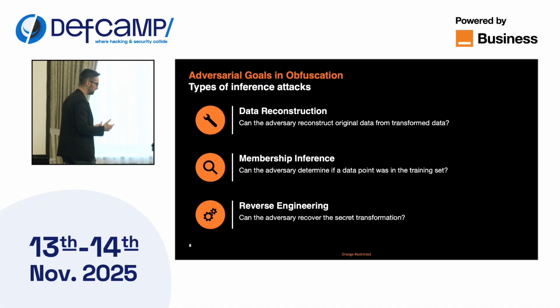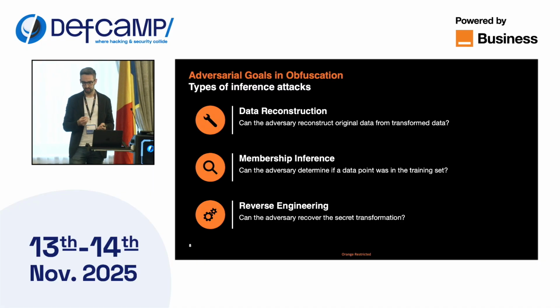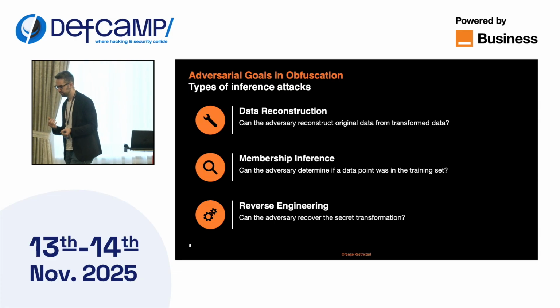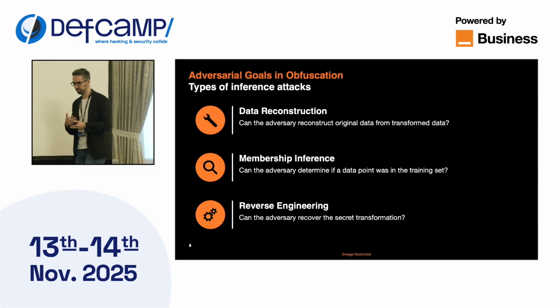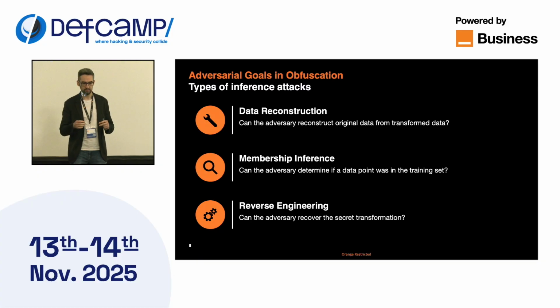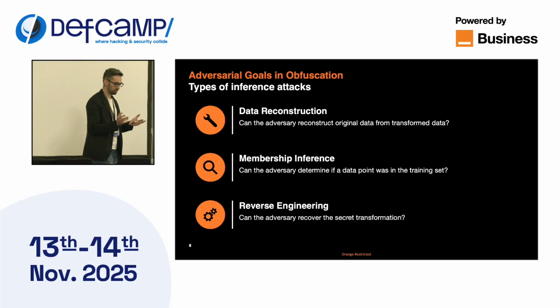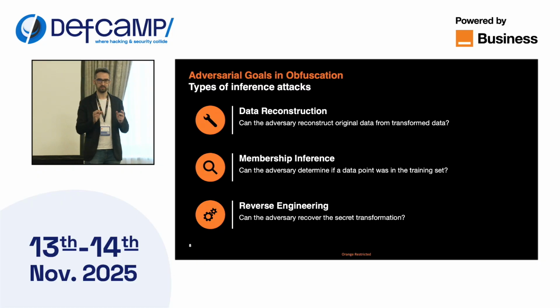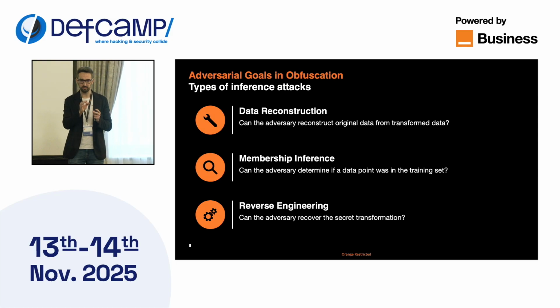Another type of goal is membership inference. This is particularly suitable for healthcare scenarios, for example. In this type of goal, I don't want the attacker to be able to determine if a particular sample is part of the dataset.